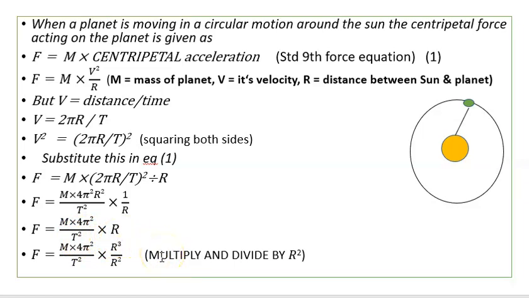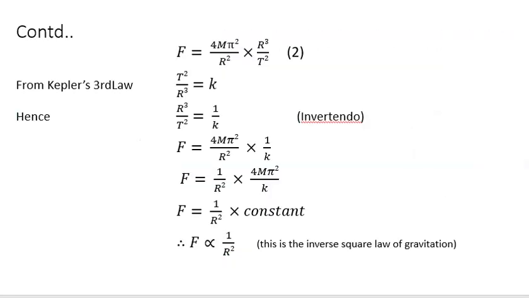Multiplying and dividing by r square, we get F is equal to m into 4 pi square upon T square into r cube upon r square. On rearranging, F is equal to 4 m pi square upon r square into r cube upon T square, which is equation 2. According to Kepler's third law, T square upon r cube is equal to a constant k.